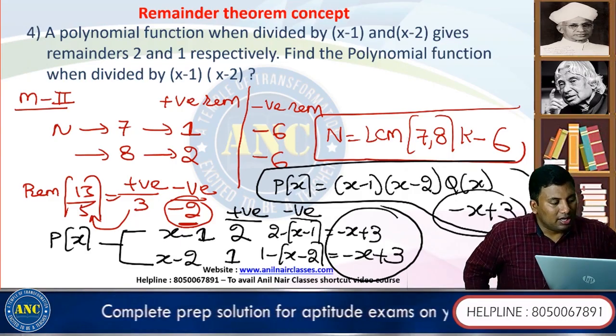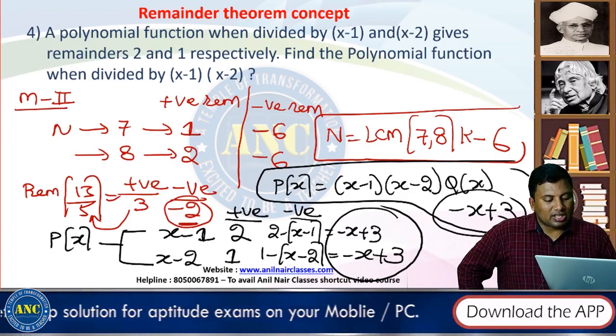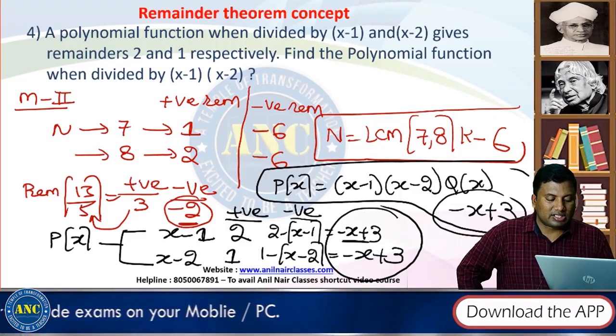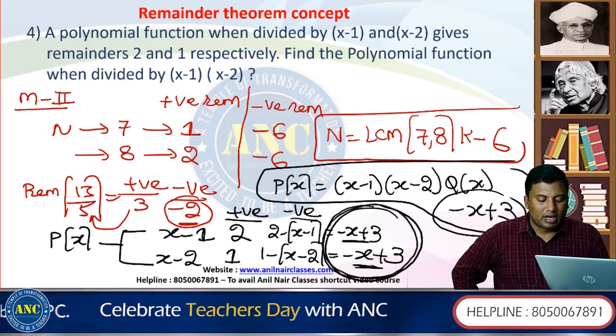In algebra, if positive remainders are 2 and 1, negative remainders are 2 minus of x minus 1, minus x plus 3, and 1 minus of x minus 2, which is minus x plus 3. So the remainders are same.